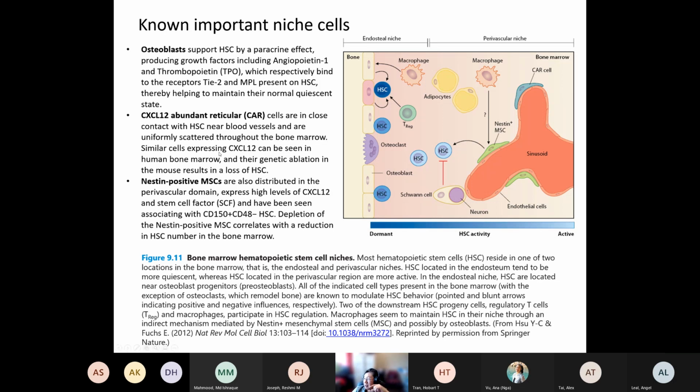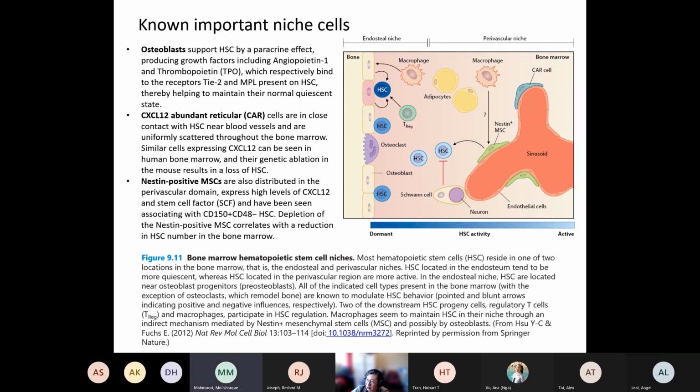They express CXCL12. That is a ligand. The stem cells express CXCR4. So these two are a pair. They interact with each other by ligand-receptor interaction. Scientists appreciate that this interaction is important between these two cell types.